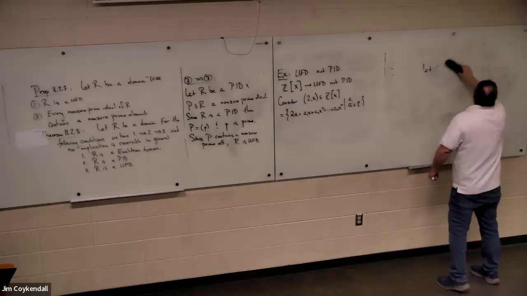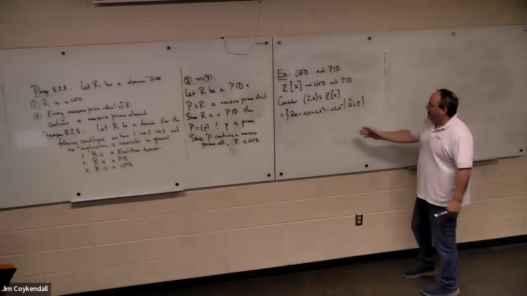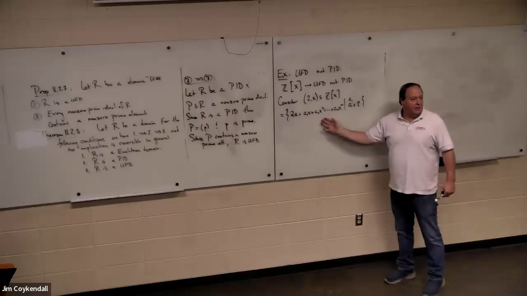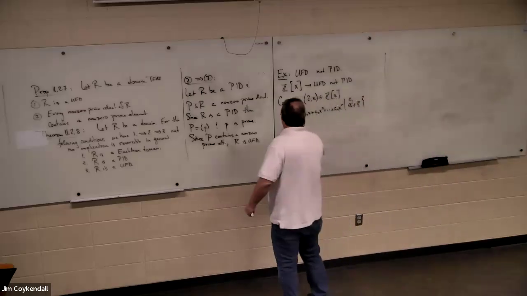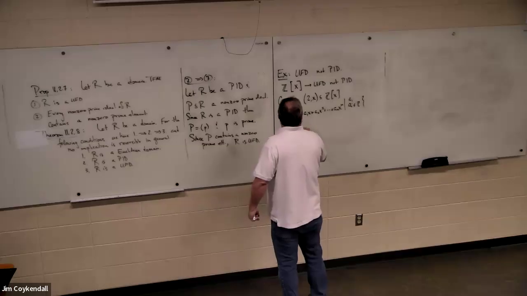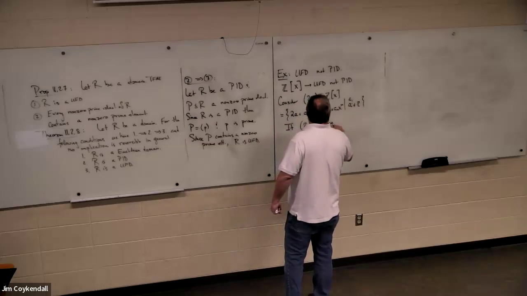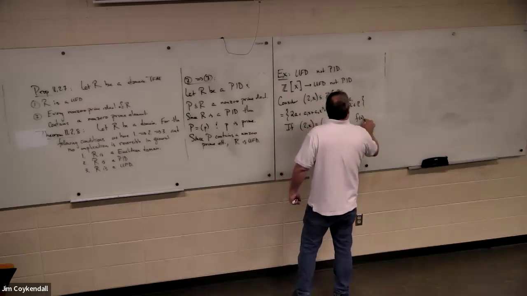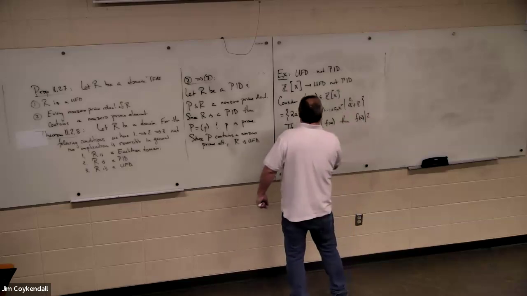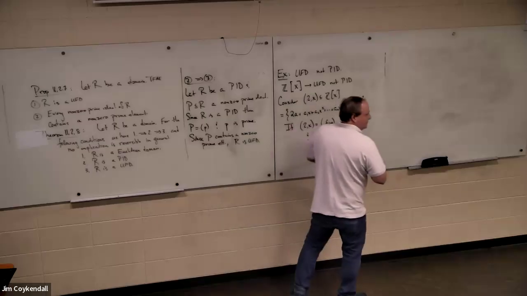Let me briefly argue to you that this ideal cannot be generated by a single element, and that's why this is not a PID. So if this ideal is generated by a single polynomial f(x), then f(x) divides 2 and f(x) divides x.